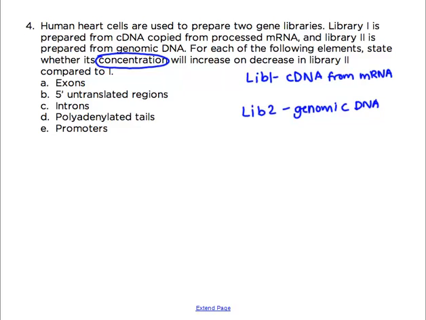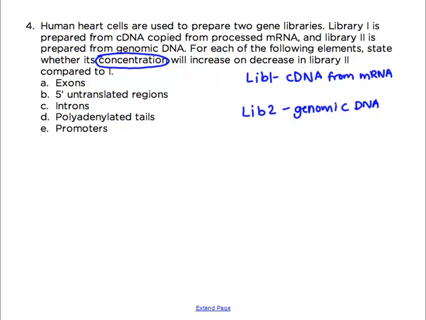So let's look at exons first. So it's saying, compared to library 1, does the concentration of exons increase or decrease in library 2? Well, library 2 is made from genomic DNA, and obviously the genomic DNA has the sequence for exons. However, library 1 is made from mRNA.